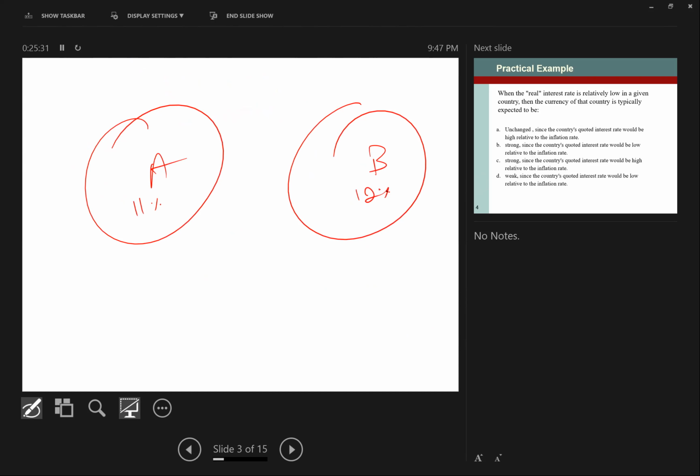We already know that the exchange rate of country B will go up, right? But what if we have this information that this A is 8 plus 3% inflation. This is the real interest rate.